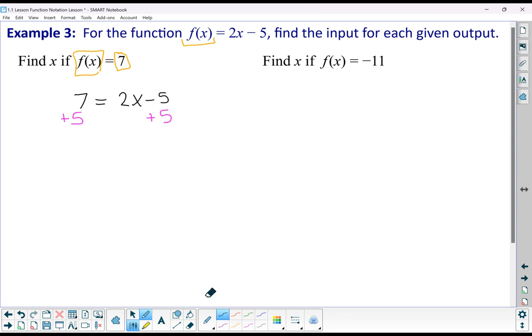In this case, we would add 5 to both sides of our equation. So 12 is equal to 2x, and then we would divide both sides of our equation by 2. And when we divide by 2, we end up with x is equal to 6.